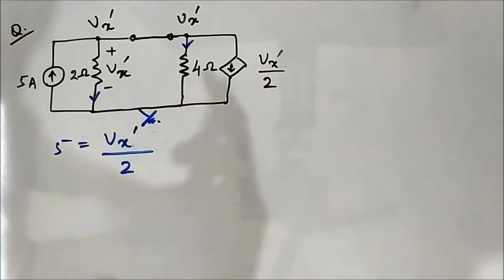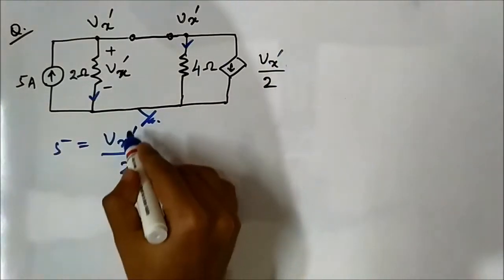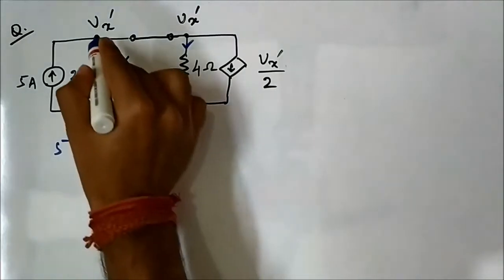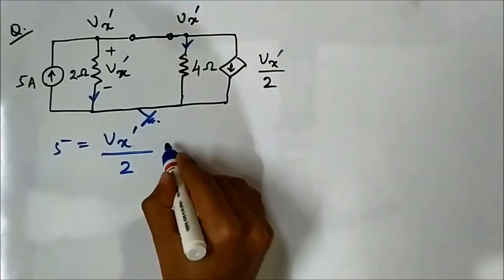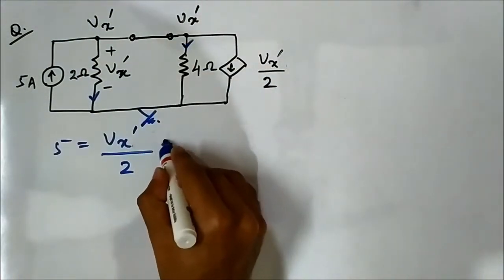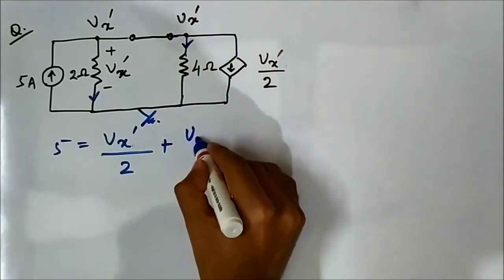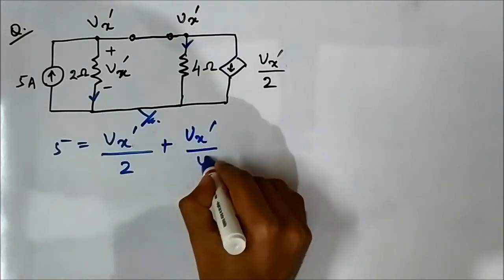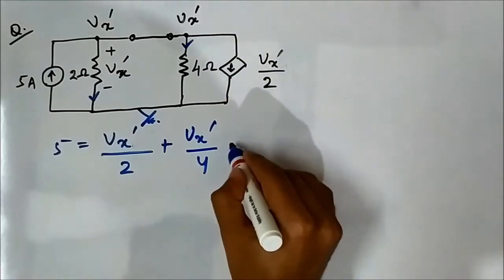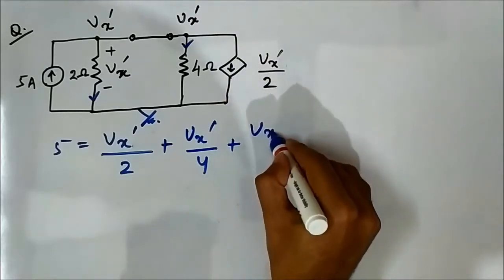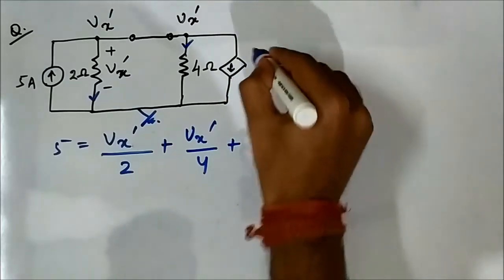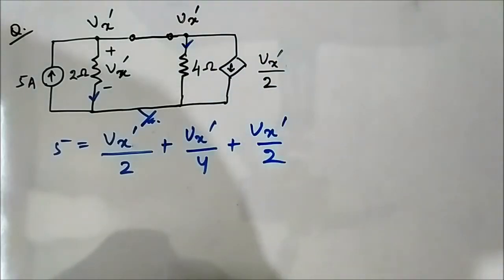You please watch those videos. Okay, so Vx dash by 2, then plus Vx dash by 4, and this current which is Vx dash by 2, this dependent current source.